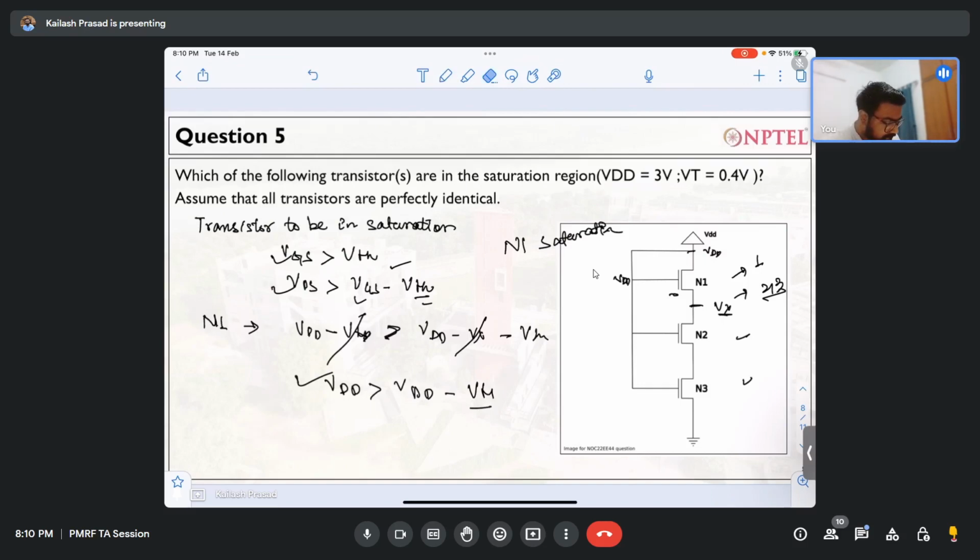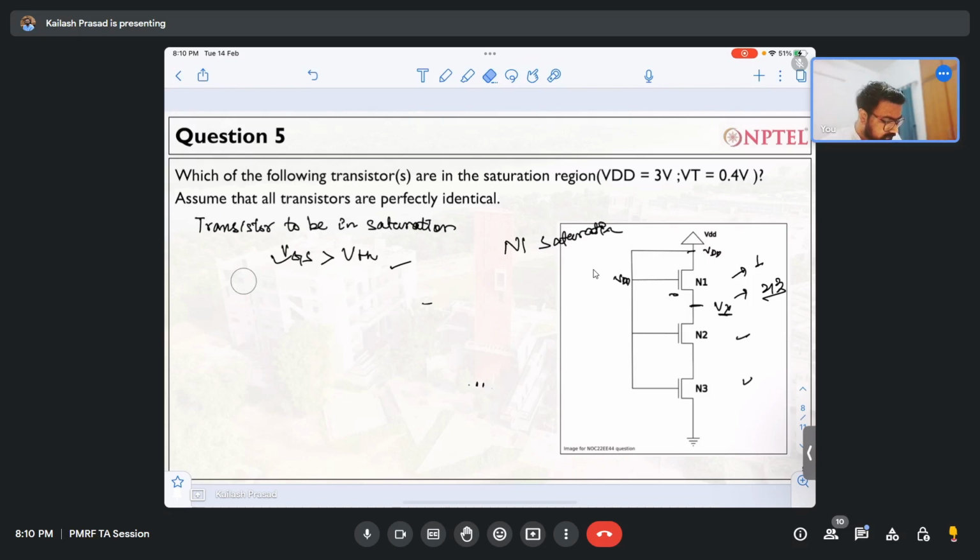So let us go back to N2 and follow the same equation. For N2, here it is Vx, here it is Vy. So VGS, so Vy, and VDS and VGS minus VTH.